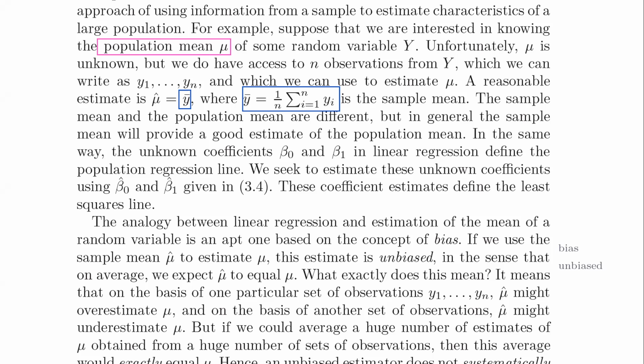So wait, what's going on over here? You have your actual, which the book is going to refer to as your population. I'm more familiar speaking at work in terms of actual versus expected, but you have your actual regression line, the true relationship, right?